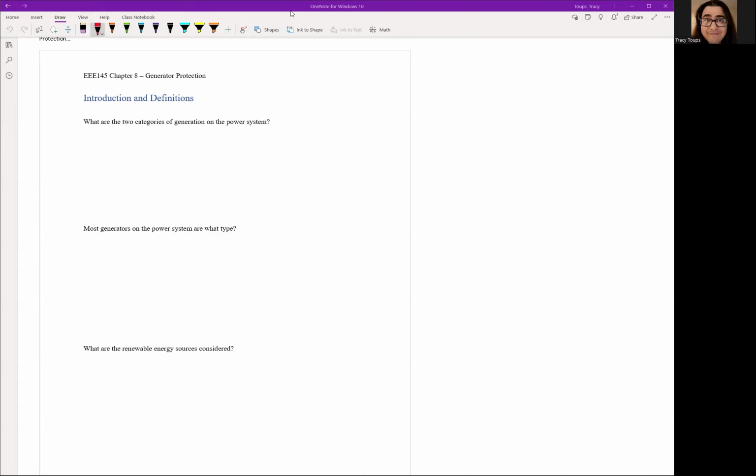So here we're going to ask ourselves, for an introduction to definitions, what are the two categories of generation we typically see in the power system? We typically have a large scale called bulk power generation. These are the big generators, the nuclear plants, fossil plants, hydro plants, this type of stuff. They're typically 20 MVA and more.